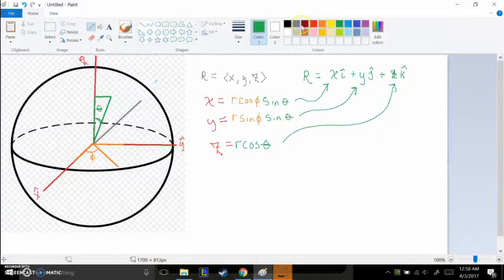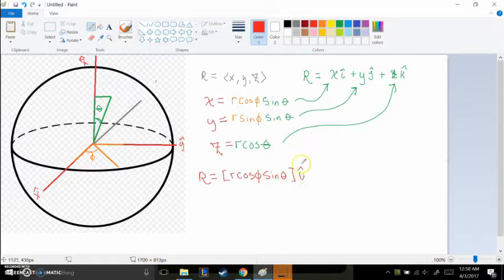So let's go ahead and plug those new representations of x, y, and z into the position vector r. Plug it in, we have r is equal to r cosine of phi sine theta in the i direction. i, j, k is like x, y, z.